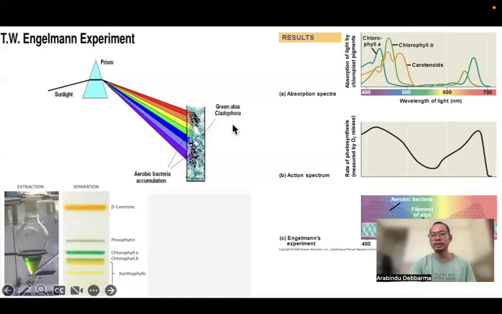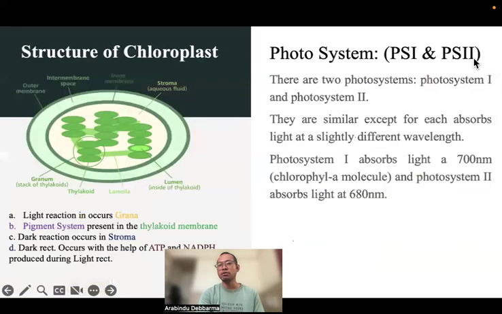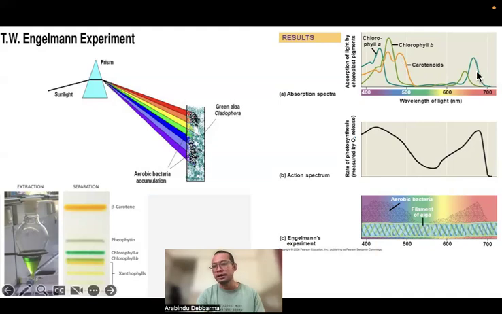He has plotted a chart, where you can see chlorophyll A, with peaks around 450 and nearly 680. You can see the peak of chlorophyll A in dark green, and in light green chlorophyll B, around 450 or 460, and some carotenoids in orange.